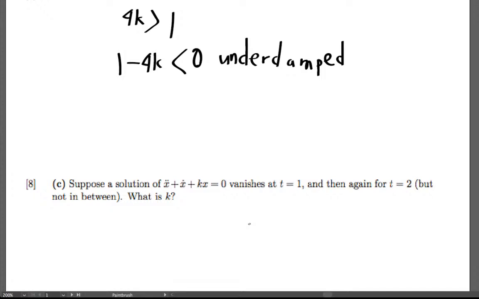When you say it vanishes, for me personally, vanishing basically states that x would equal 0. That would literally mean that this is an underdamped situation because it crosses 0 at 2 different points.